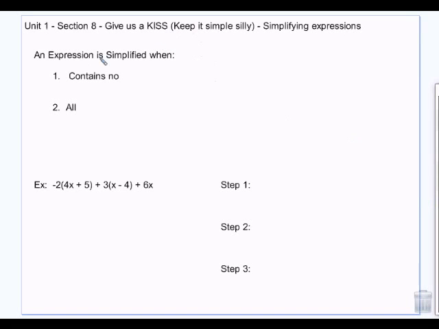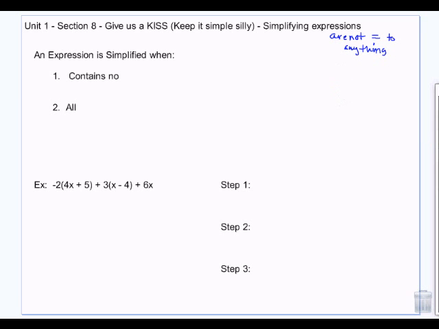First of all, let's talk about expression versus an equation. Expressions are not equal to anything. They don't have an equal sign, whereas an equation has an equal sign.